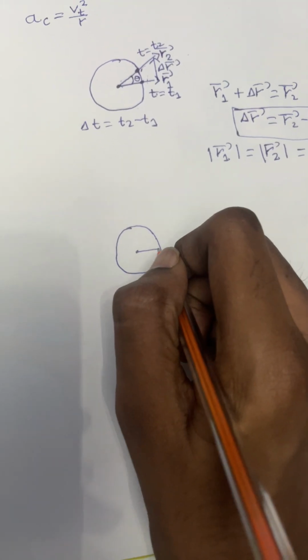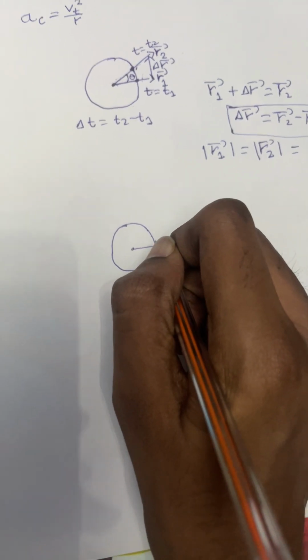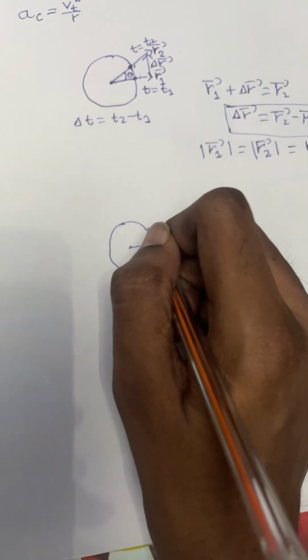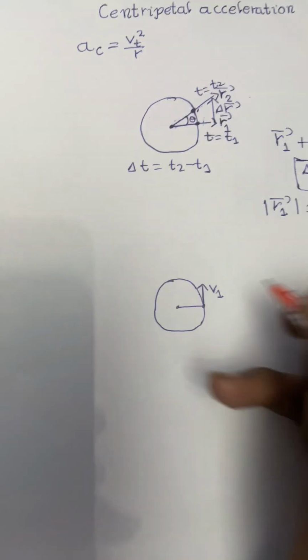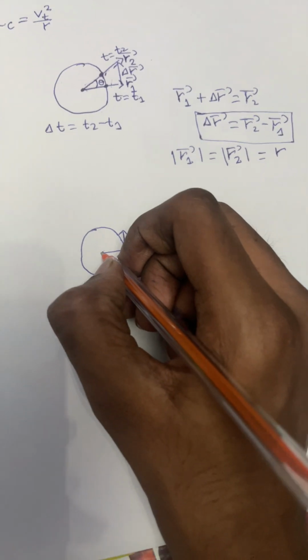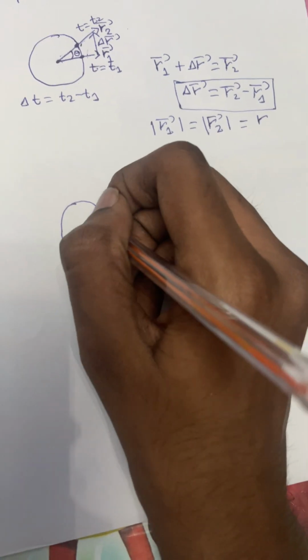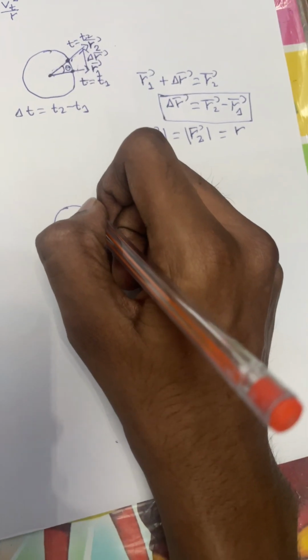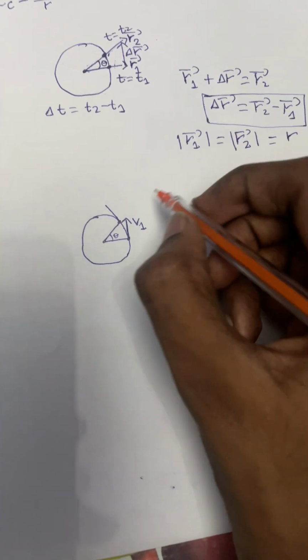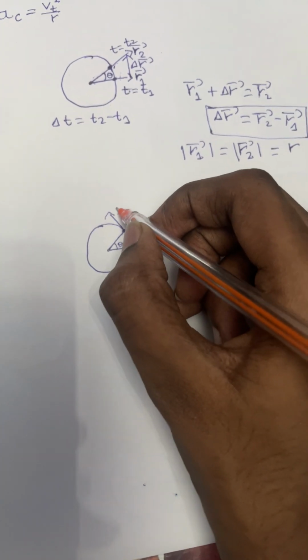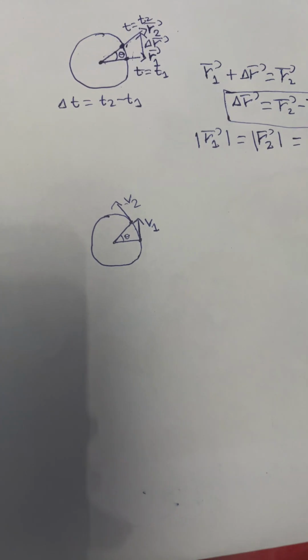So this is the initial position, so the tangential velocity is going to be in this direction. Let's suppose it is v1, and after some time this is the position, and it is going to be in this direction, right?